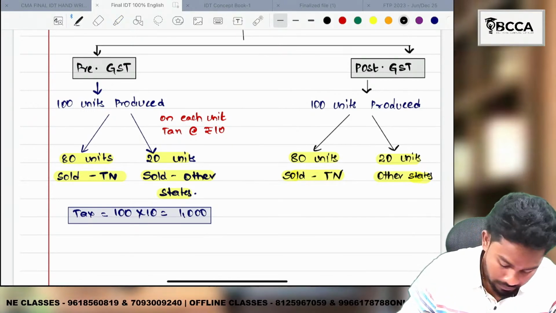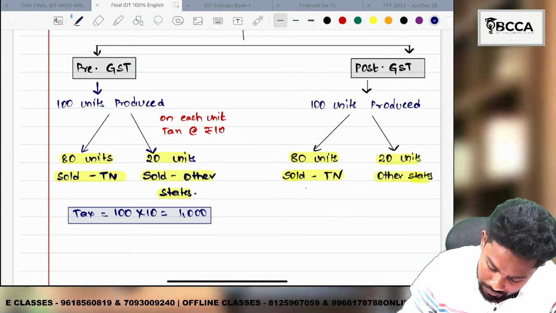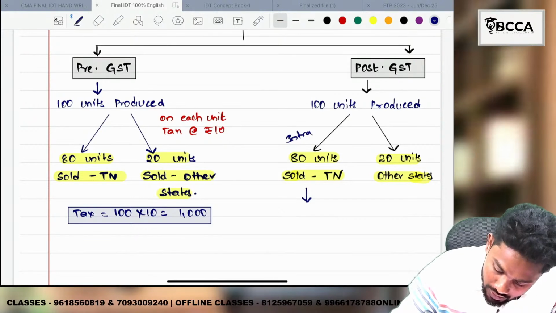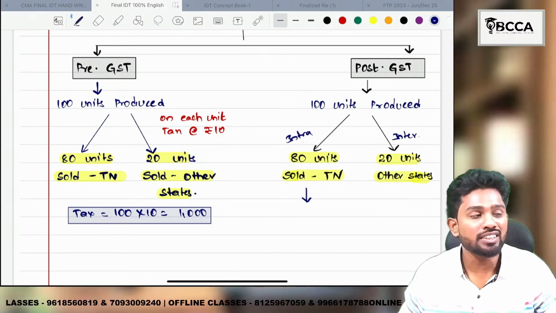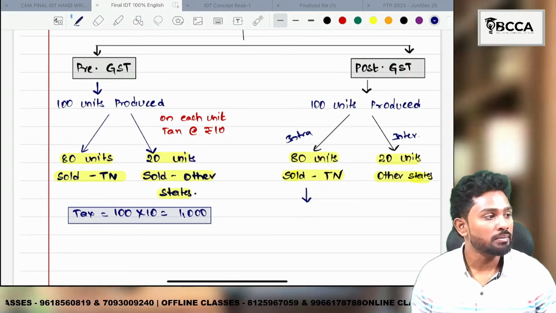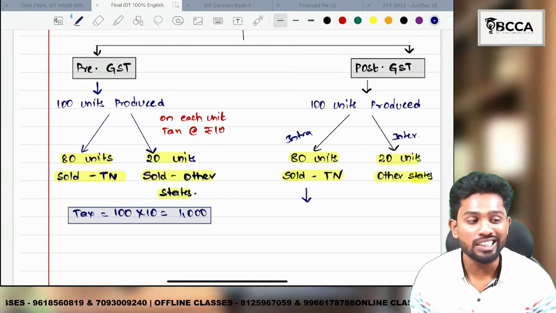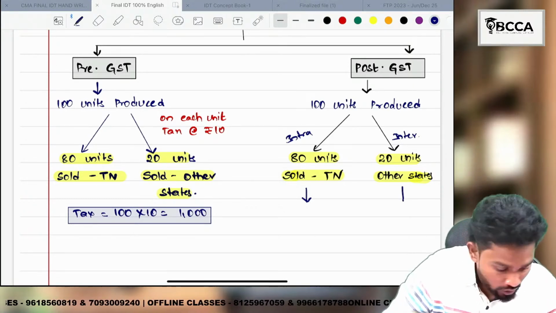Then what is the tax revenue, sir? Sir, post GST, these 80 units are intra-state, these 20 units are inter-state. On interstate, which tax is levied, sir? IGST. The revenue of IGST will go to which state, sir? The revenue of IGST will go to the destination state, not to the origin state. So on this, no revenue.